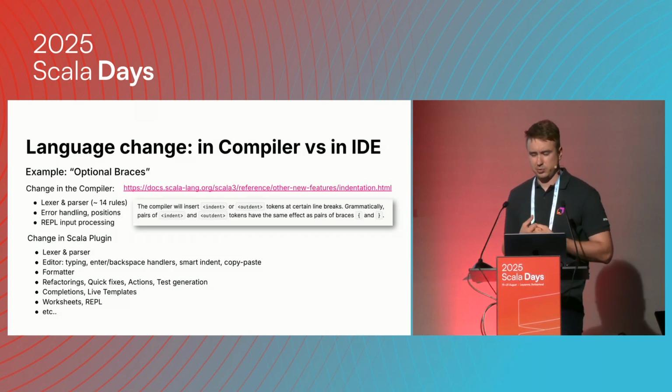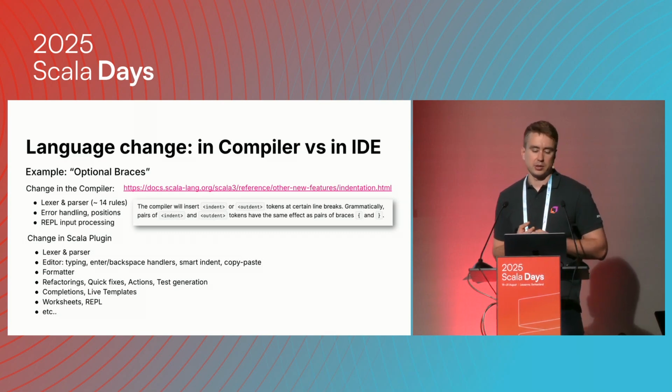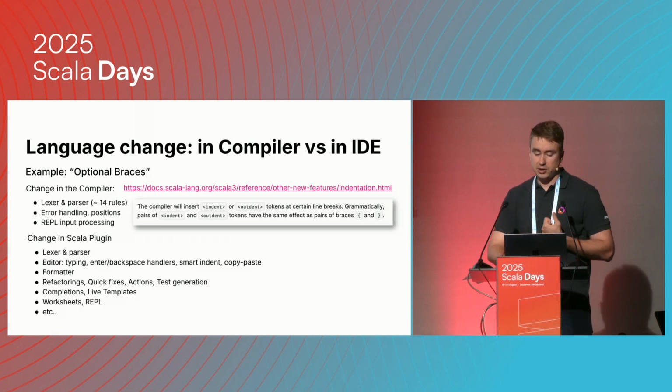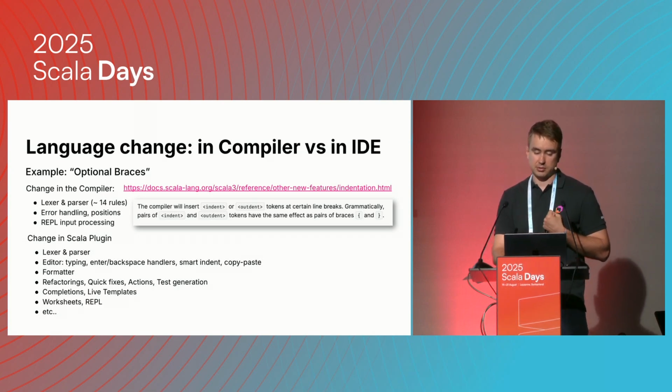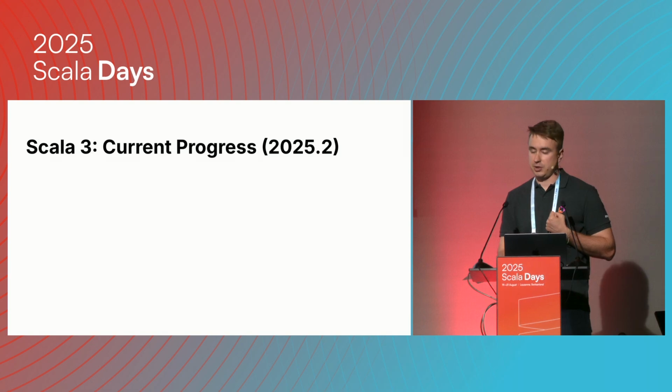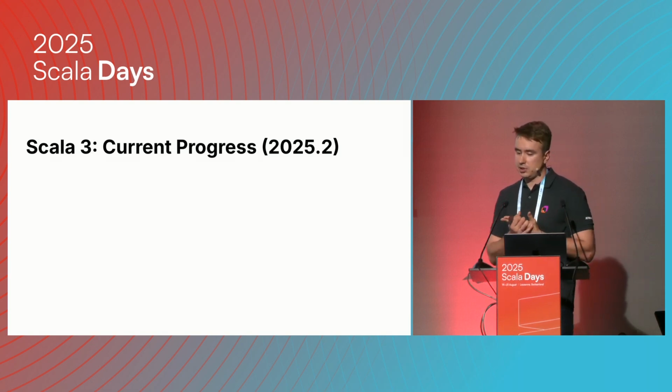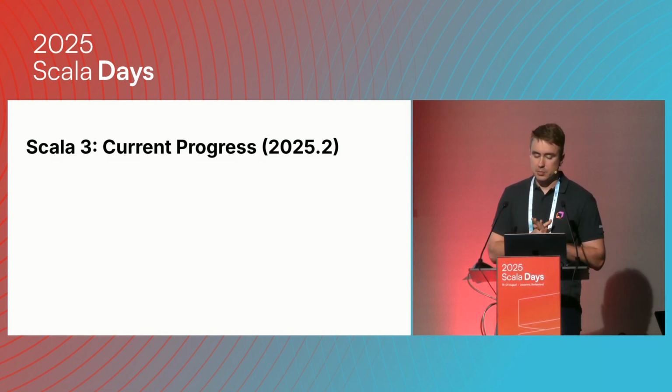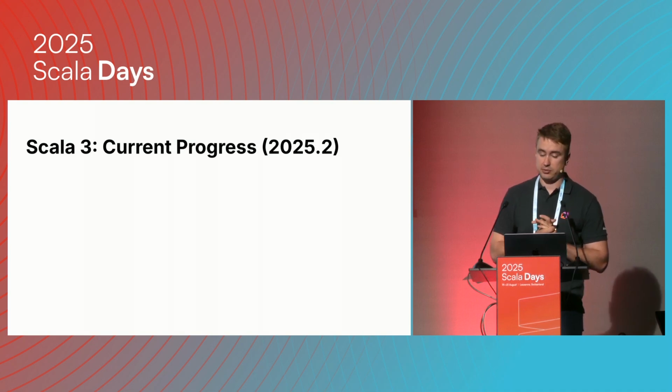But nowadays, we still have several things to polish, but the syntax works pretty well in IntelliJ IDEA. If you have any issues with that, please let us know. And here I wanted to quickly highlight the progress we've made with Scala 3.